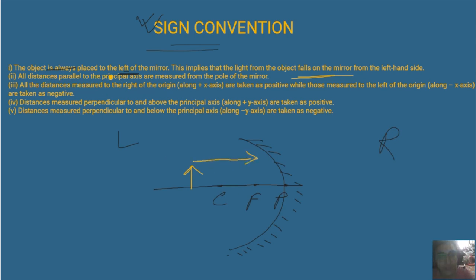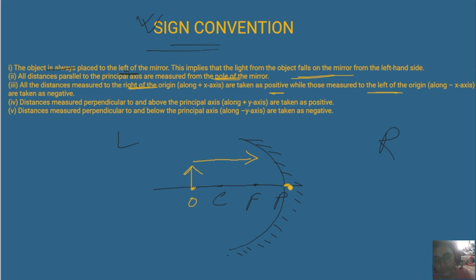All distances parallel to the principal axis are measured from the pole of the mirror. So whatever distance we take, like the distance of the object from the pole, we will take with respect to the pole. All distances measured to the right of the origin are taken as positive, while those measured to the left of the origin are taken as negative.